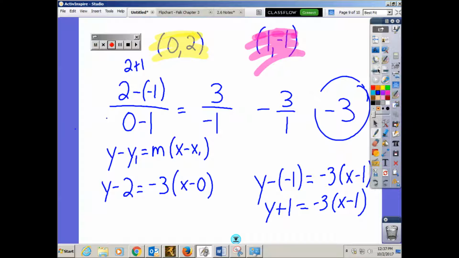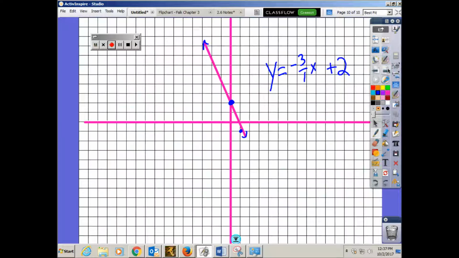Our point slope equations look different because point slope means you're dealing with a point on the line. If I look at this line, there's lots of points on this line, correct? There's lots of points.